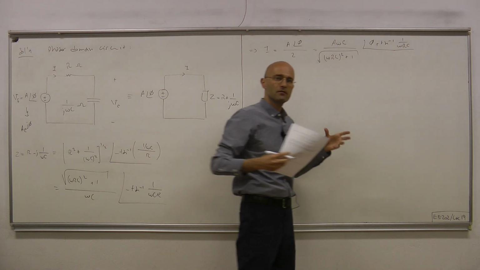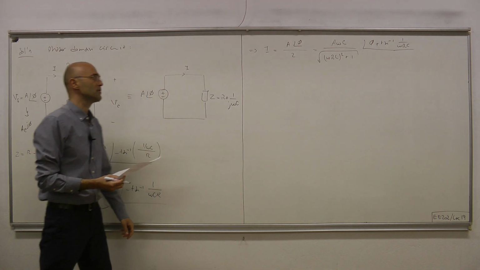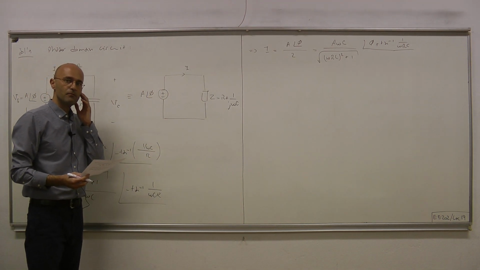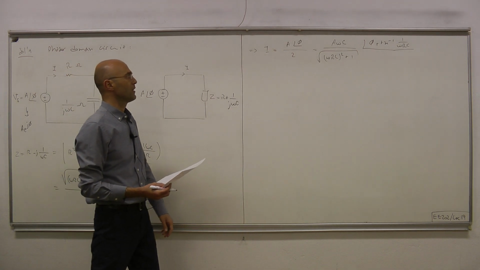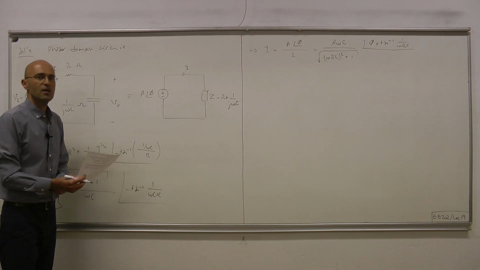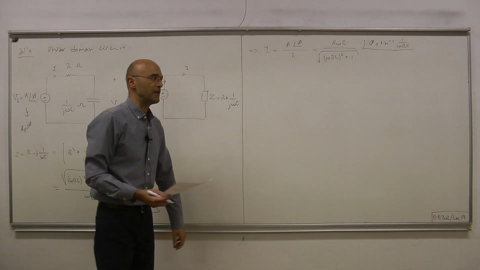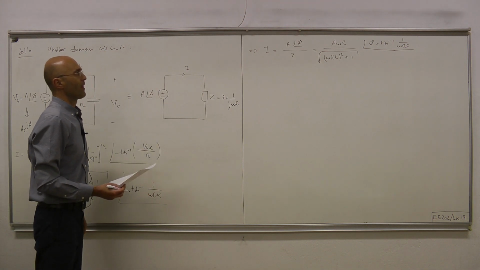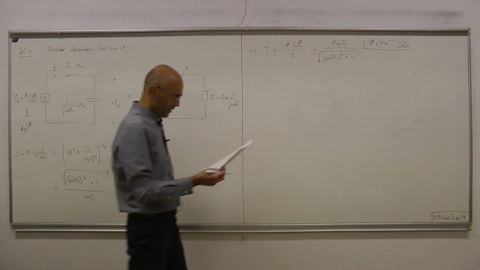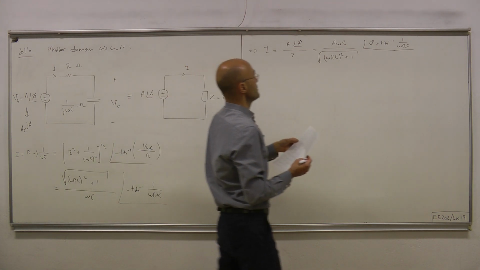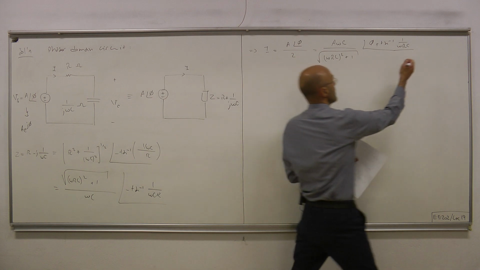When we're doing multiplication or division, it's easier to deal with polar representation. If you're doing subtraction or addition, it's clearly easier to do that in rectangular representation. Okay, so that's our current with magnitude and phase.